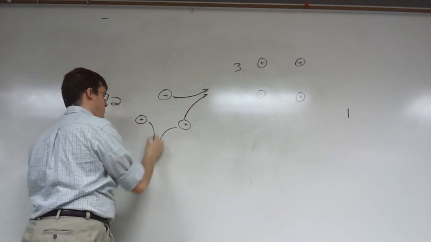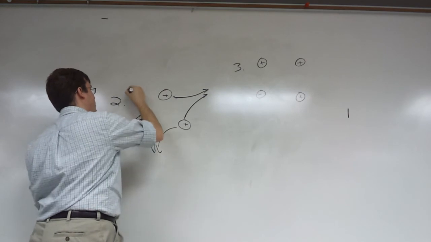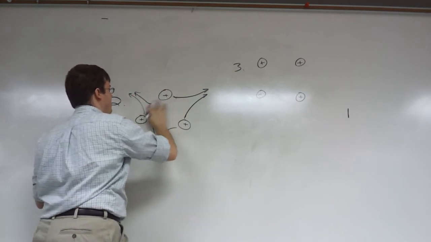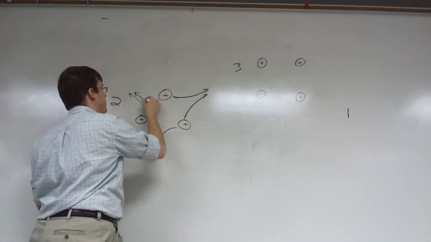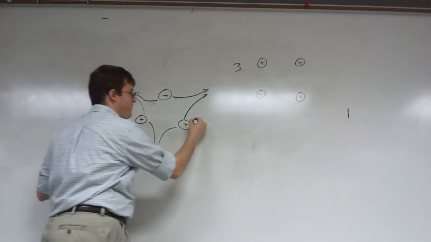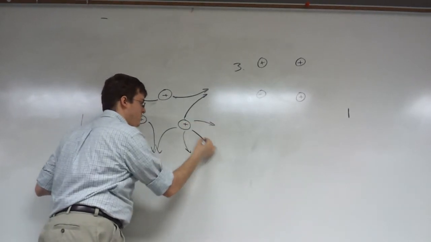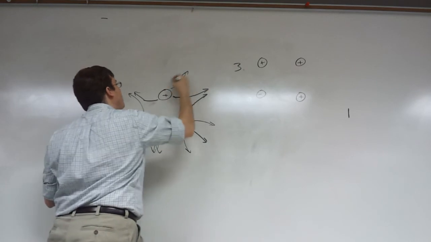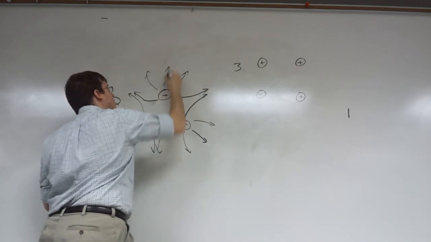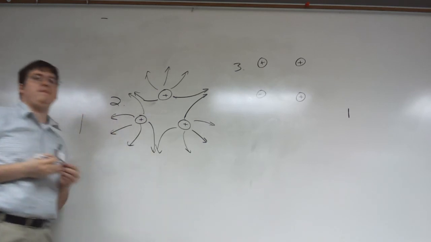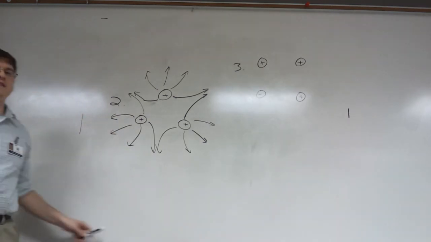Ooh, that was a little bit sharp. That's okay. So you end up with something like this. Maybe a few extra lines here. Notice all these arrows are going out from positive. So you end up with something like that.